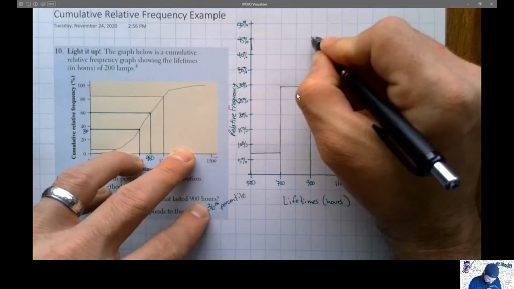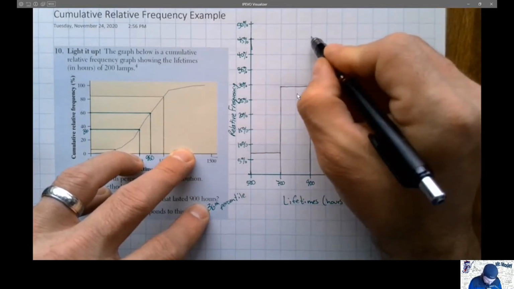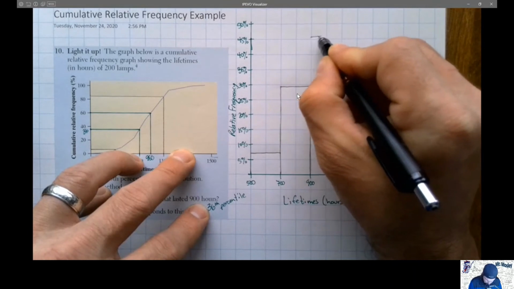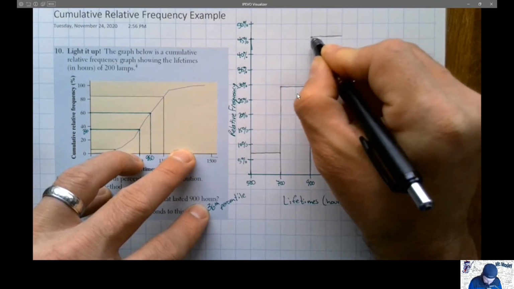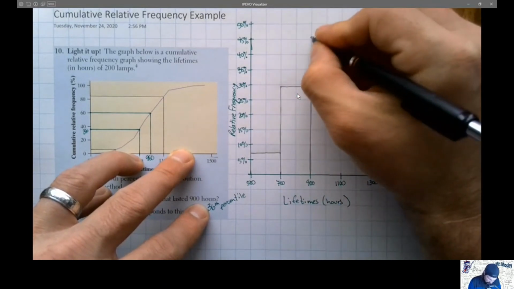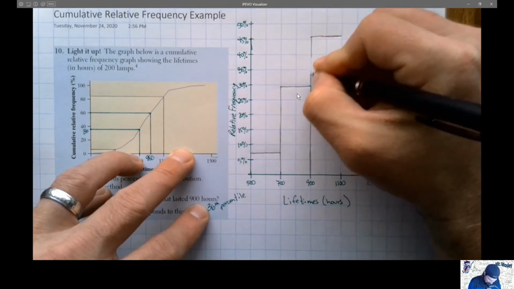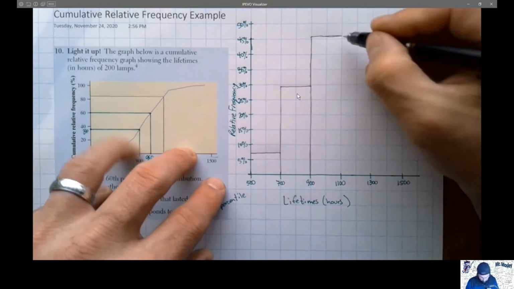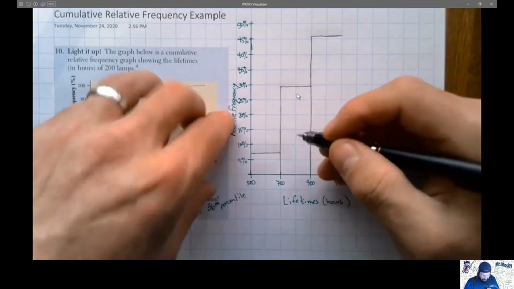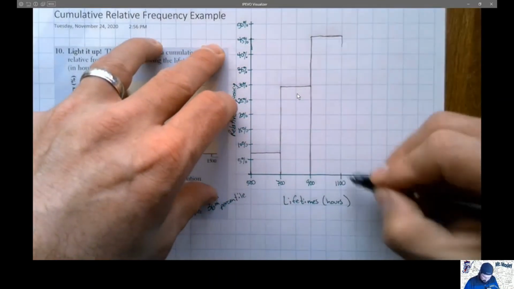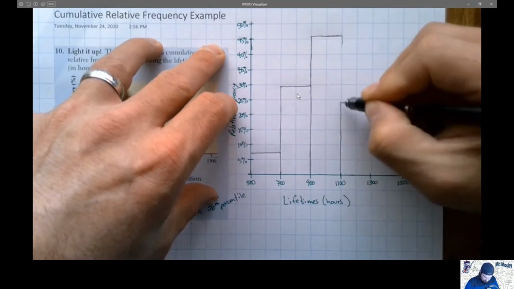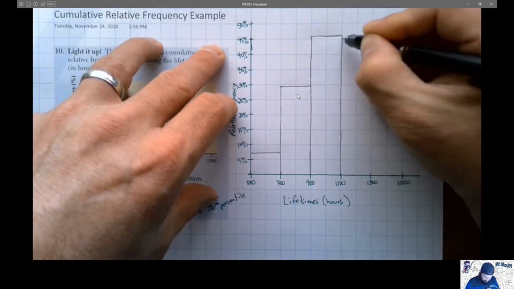So we're going to go here. And if you were to get slightly different amounts based on your own eyeball, that's okay. This is the best we can do based on what we have to work with.